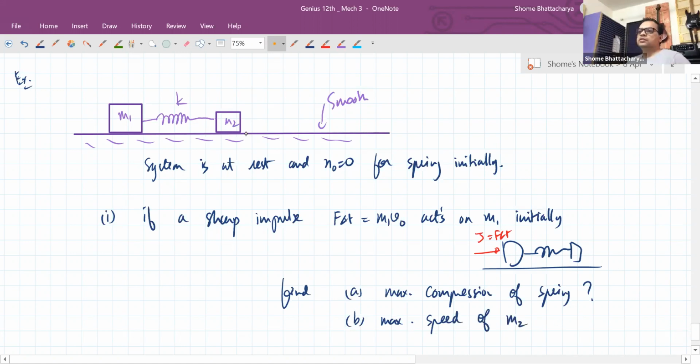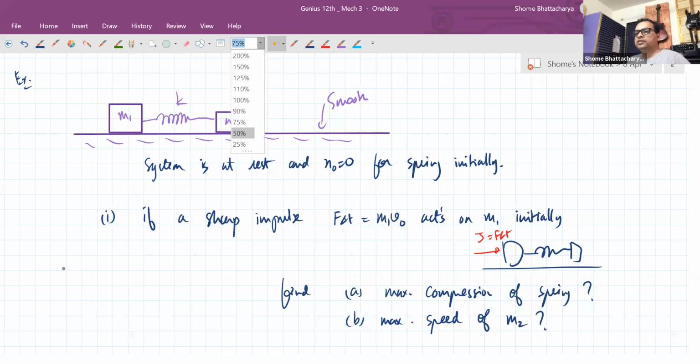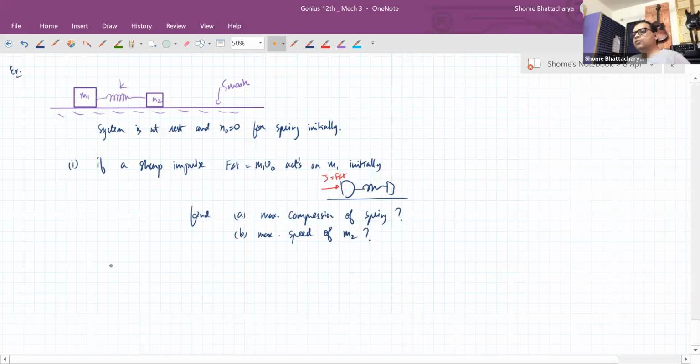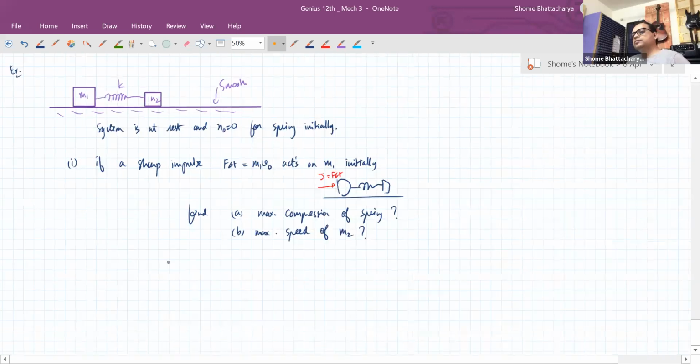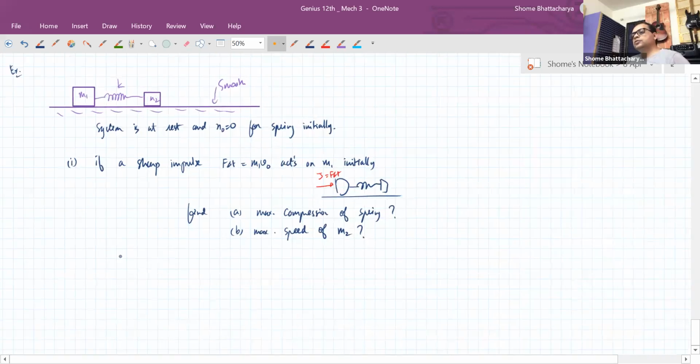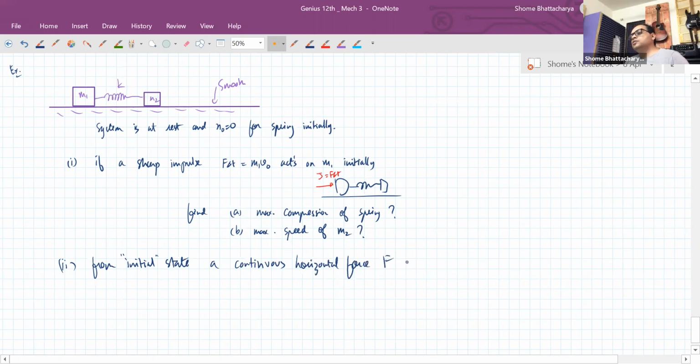And the second part of the question, we will start from the same initial state, but instead of an impulse, a continuous horizontal force F starts acting on M2.